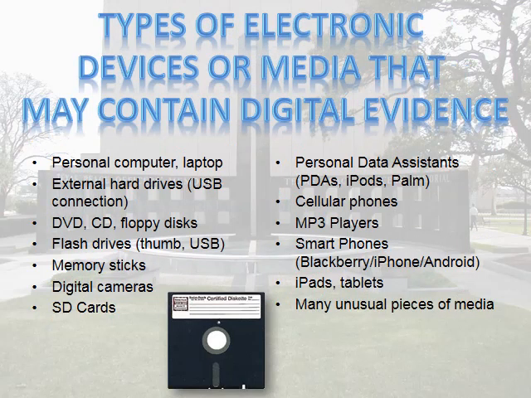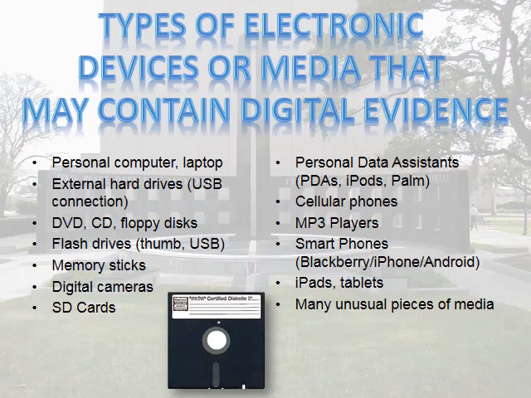There are many different types of electronic data, including the old 5 1/4-inch floppy disk. You've got computerized data on personal computers, laptops, external hard drives, including UPS drives, Wi-Fi connected terabyte drives, DVDs, CDs, floppy disks, flash drives, including thumb drives and USB drives.